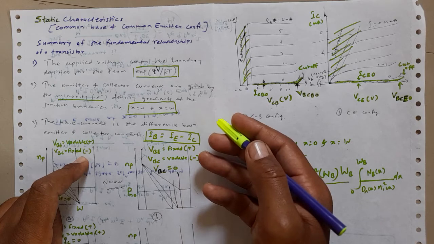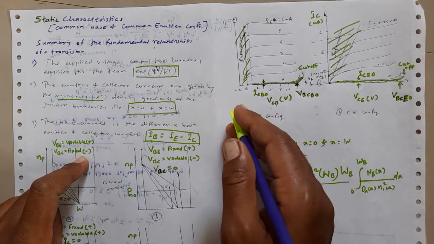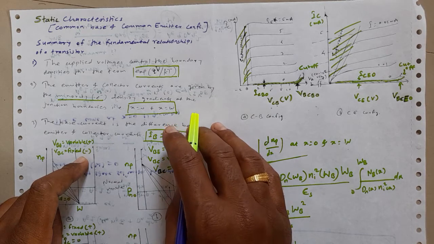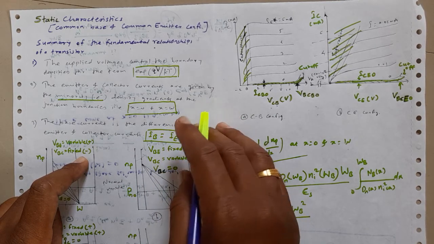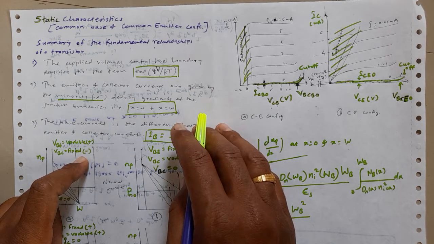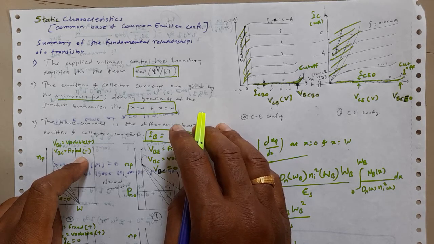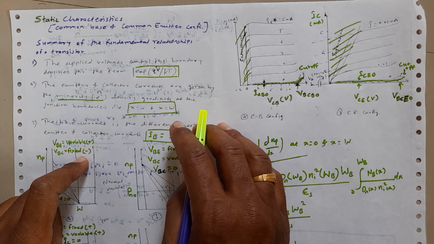For a transistor with higher emitter efficiency, whose amplification factor is higher, if eta is higher, then we can ignore the recombination currents.